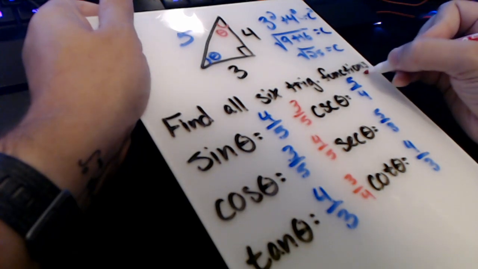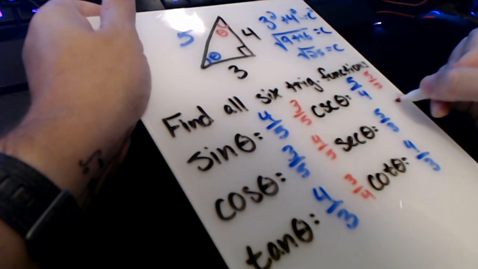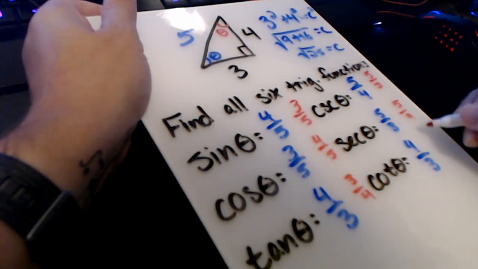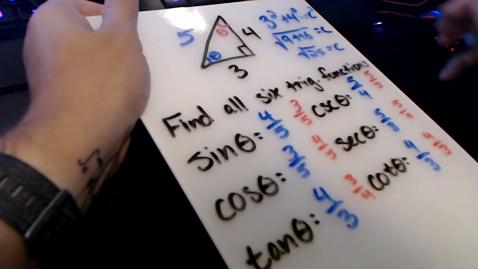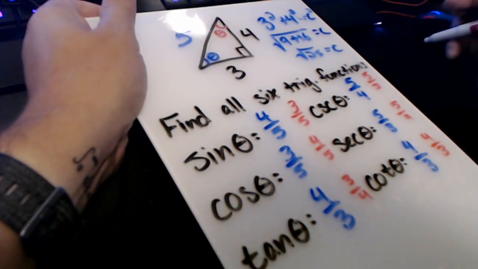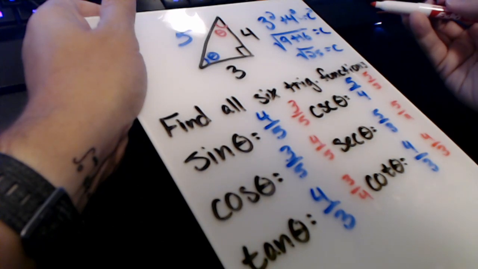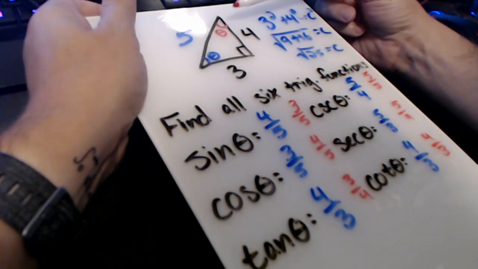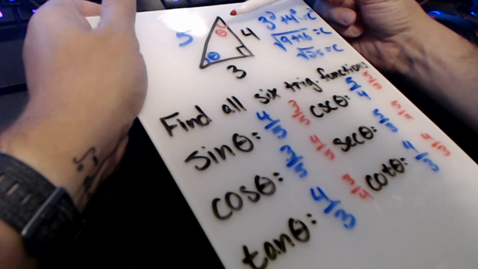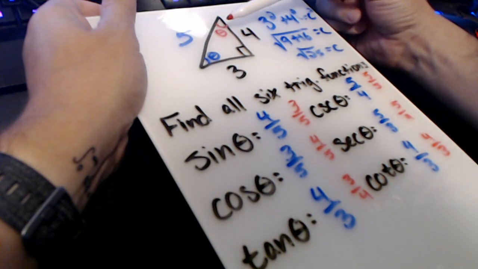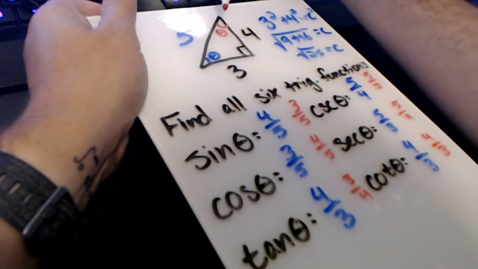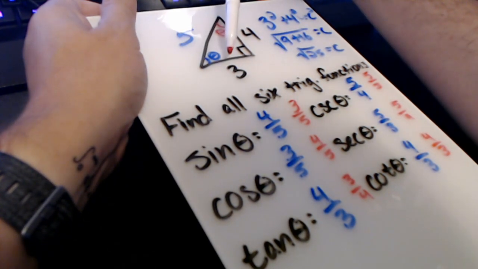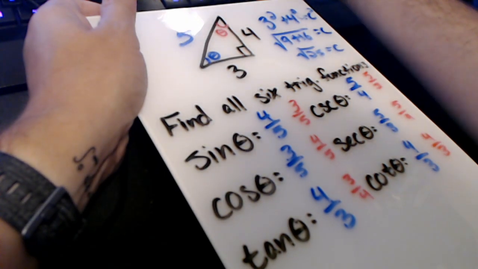And then you have to flip all these. So it's important to know that whenever you change theta, you have to look at the perspective it's looking at. Opposite is always across from the angle. So this becomes opposite, this becomes adjacent, this becomes hypotenuse.